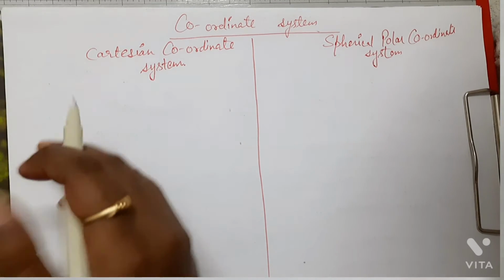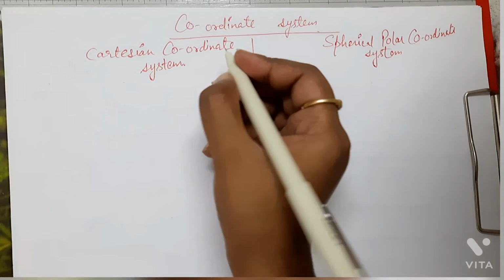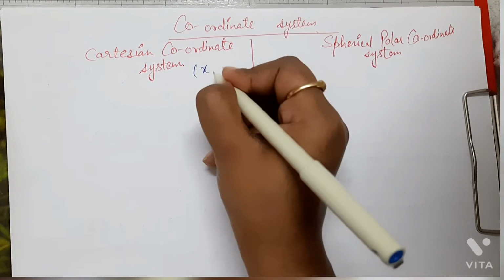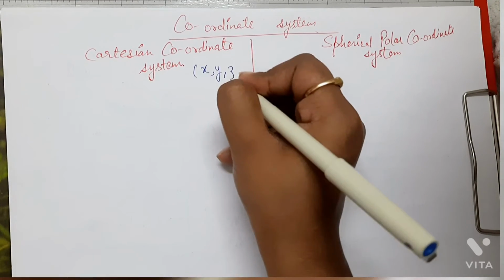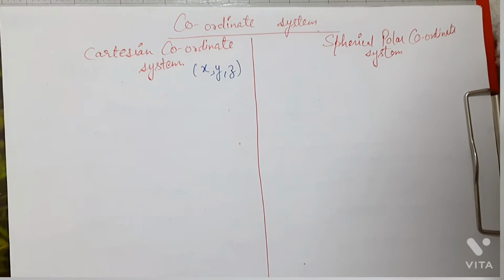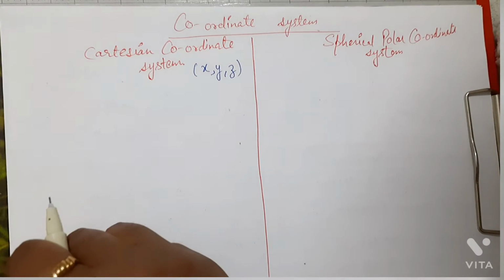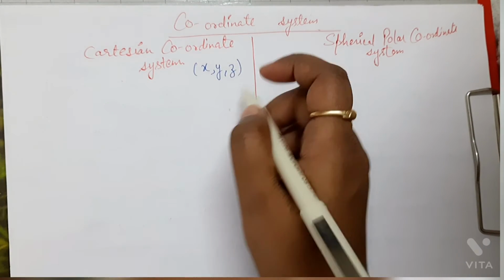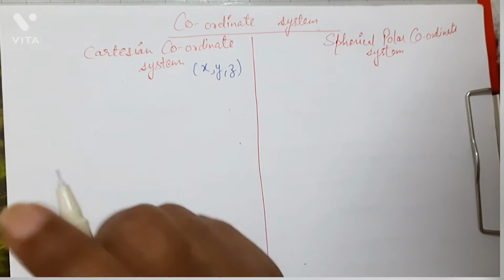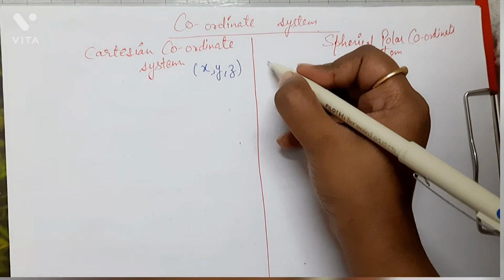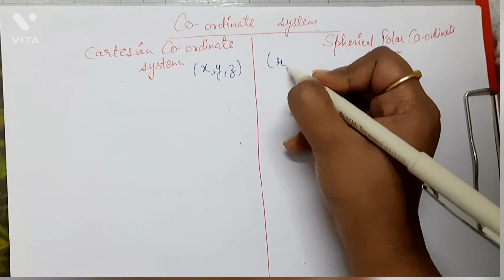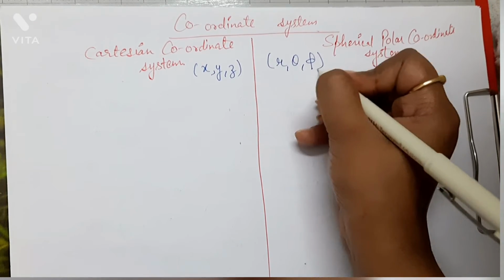Now, the Cartesian coordinate system uses x, y and z components, whereas in the spherical polar coordinate system we use the designations r, theta and phi.